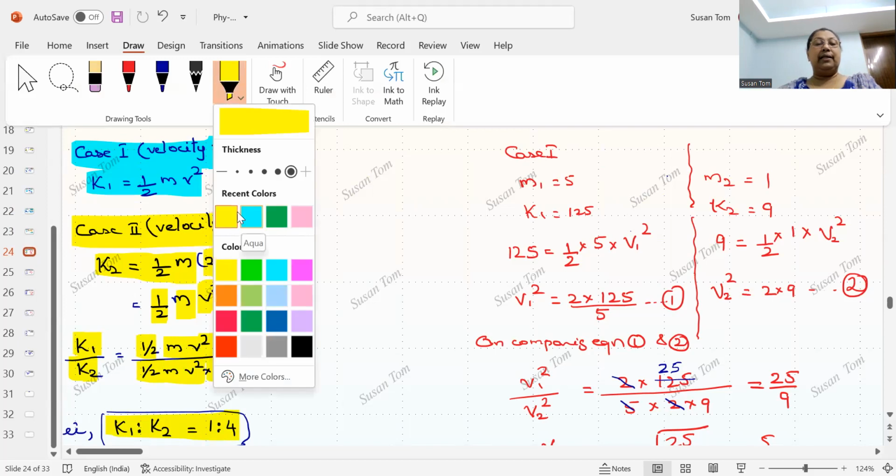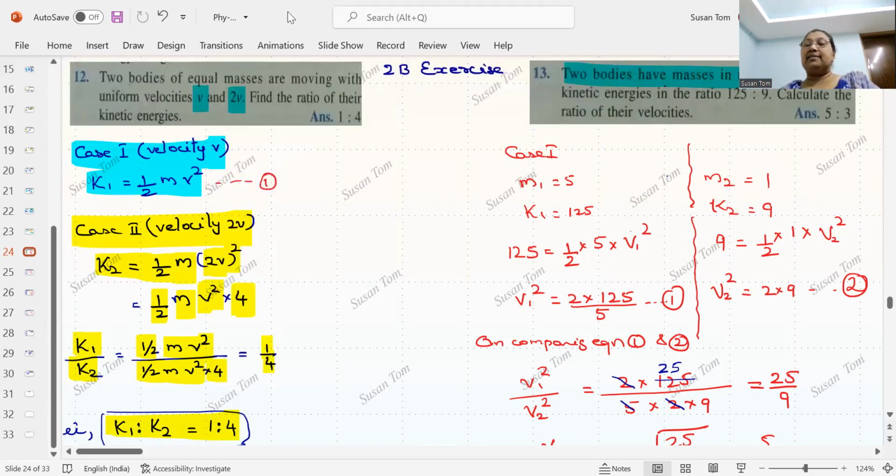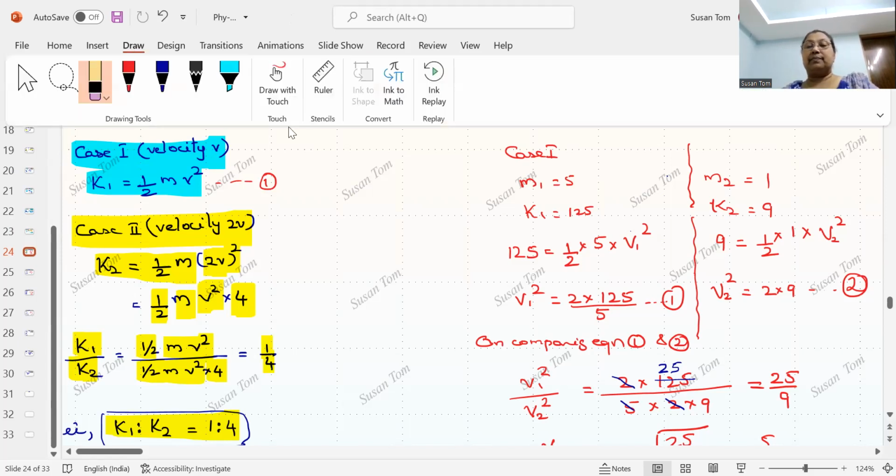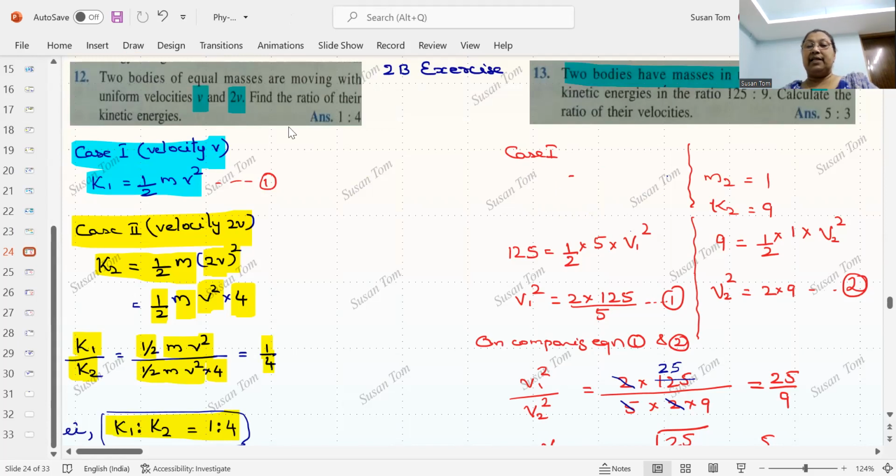Question number 13. Two bodies have masses in the ratio 5 ratio 1 and kinetic energies in the ratio 125 ratio 9. So this I'll solve in a different way by the data which is given. This also is fine, but we cannot equate.